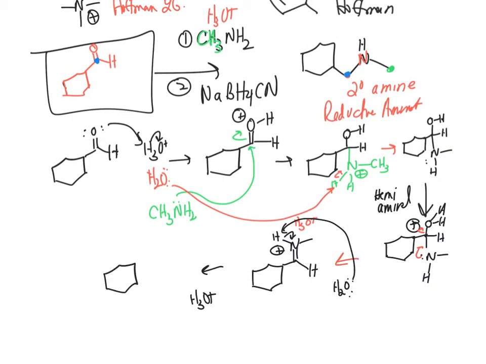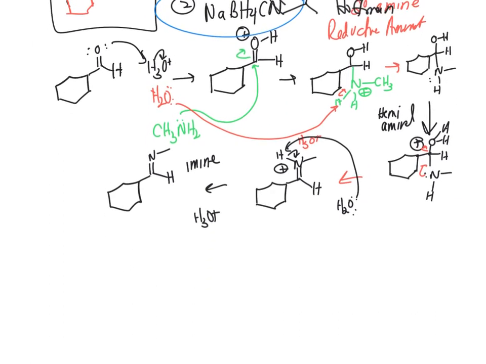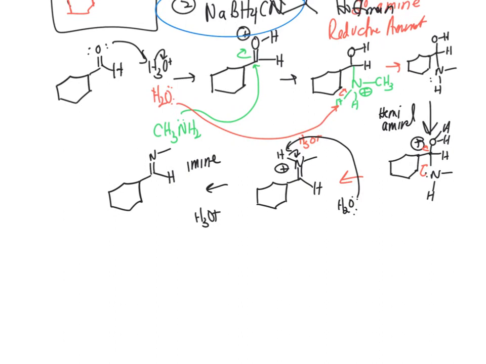And what is this functional group? This is an amine. And then when you reduce that, sodium cyanoborohydride, that's what everybody pretty much uses. You could also use lithium aluminum hydride, that would work. But sodium cyanoborohydride is basically a hydride source.